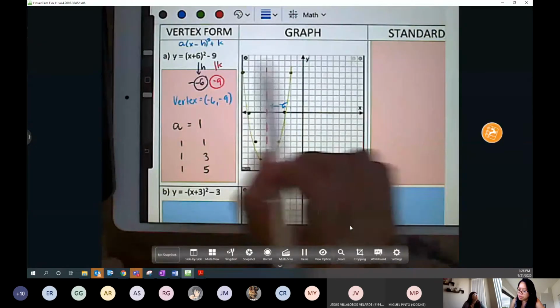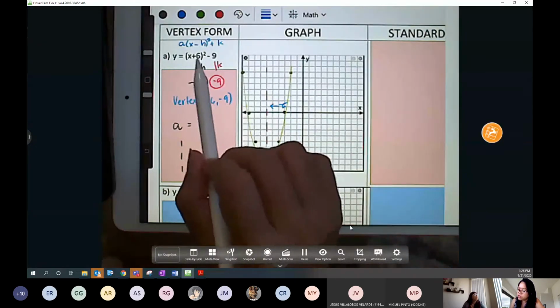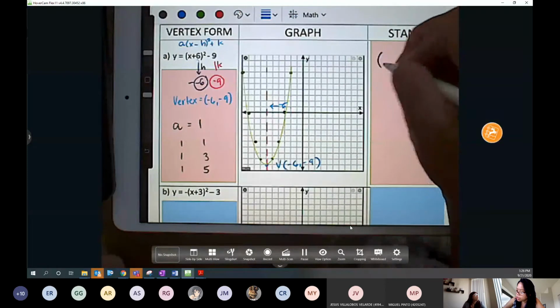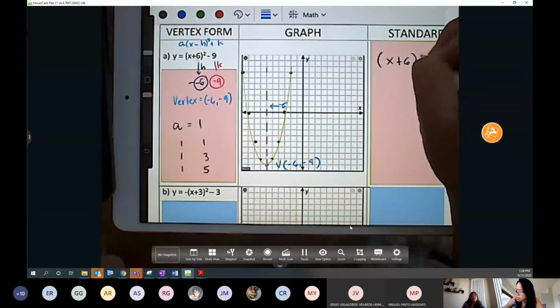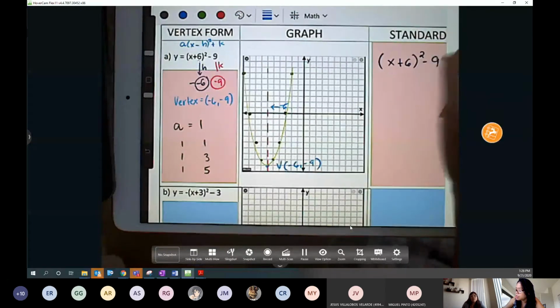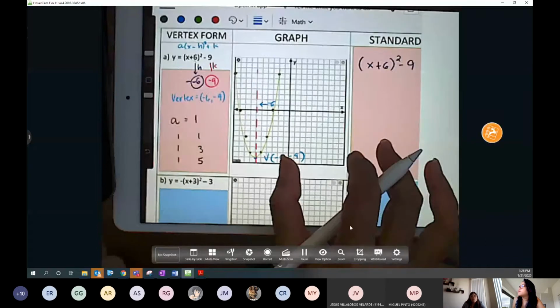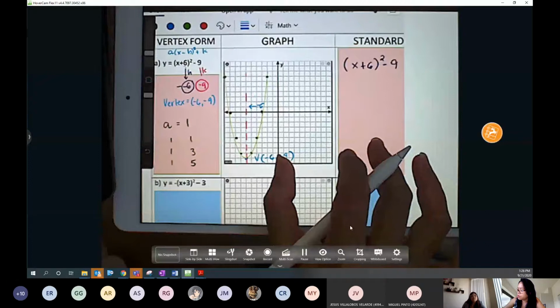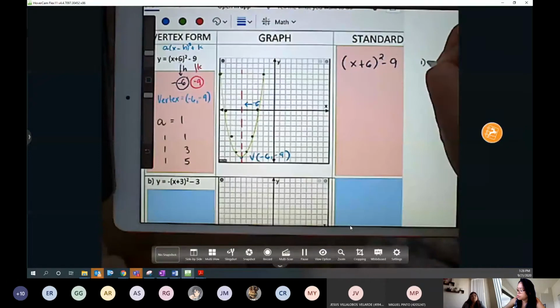to standard form. So to convert it, all I need to do is to get rid of the parentheses. So start by writing down the equation without the y. So x plus 6 squared minus 9. Okay, so first write the equation.